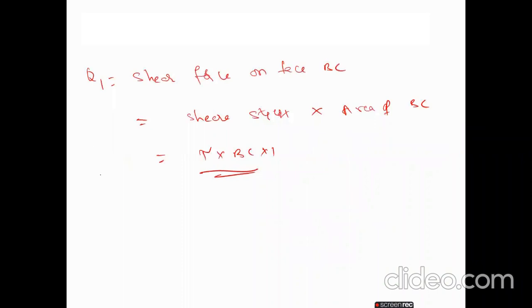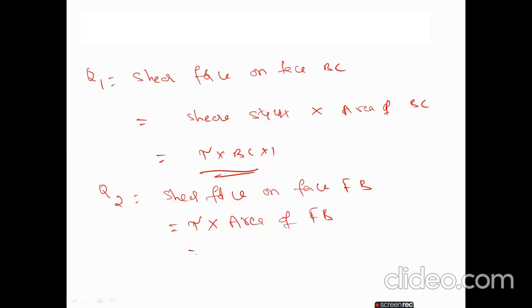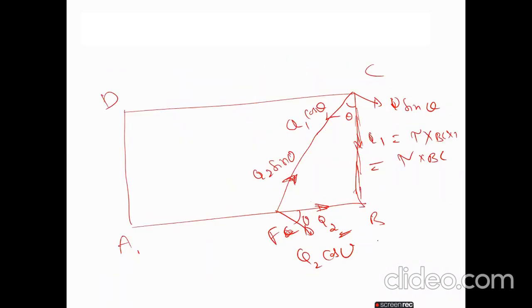Same like that, write Q2, the shear force on face FB, that means tau into area of FB, so tau into FB into 1 equal to tau into FB. So Q2 is the force on section FB. That's why we took Q2 here. This is the most important thing.